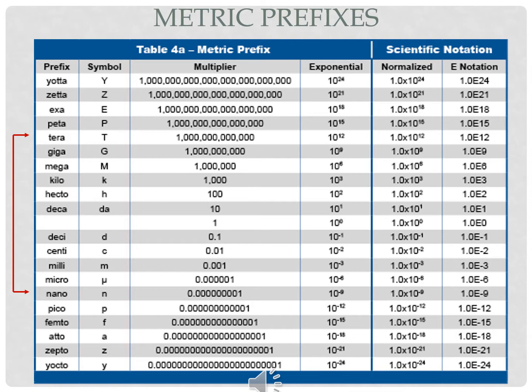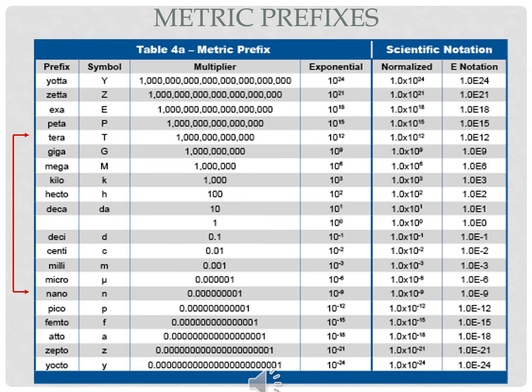For example, if we look at mega, it shows us 1 million in the multiplier column. That tells us that there are 1 million meters in a megameter, 1 million liters in a megaliter, or 1 million grams in a megagram. If we want to convert from the metric prefix into the base unit, we would simply multiply by the number in the multiplier column.